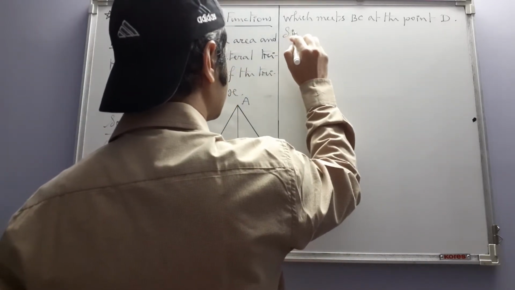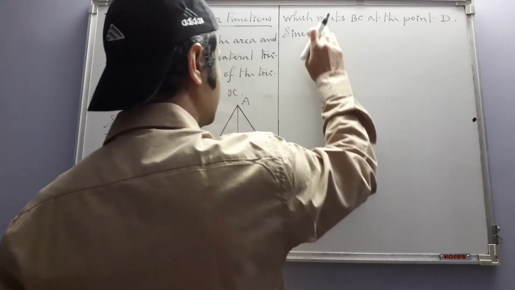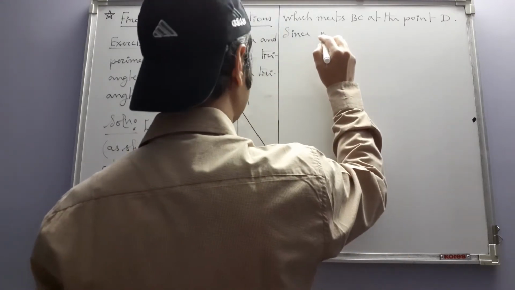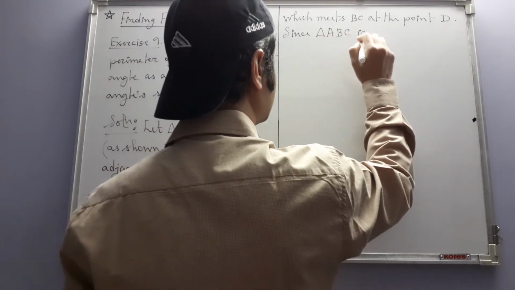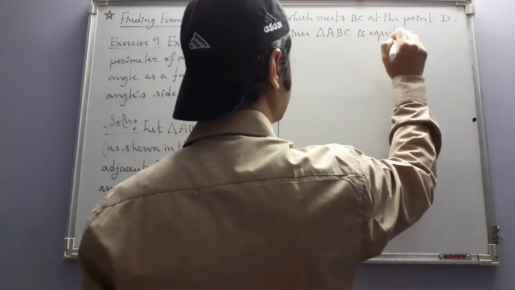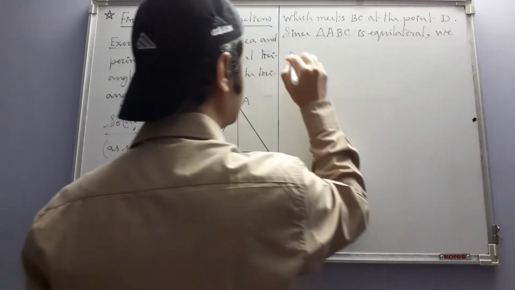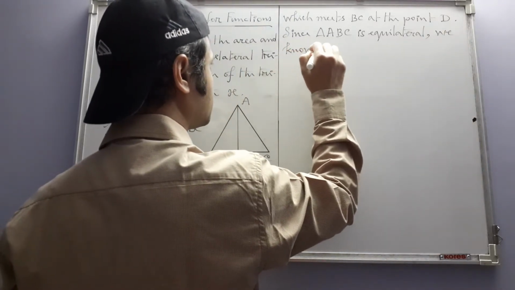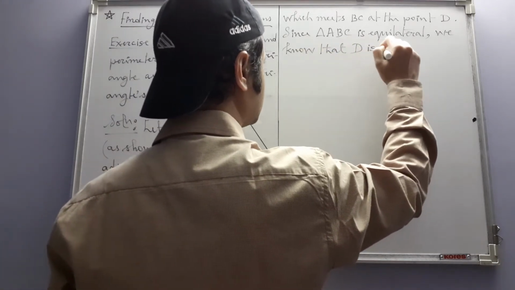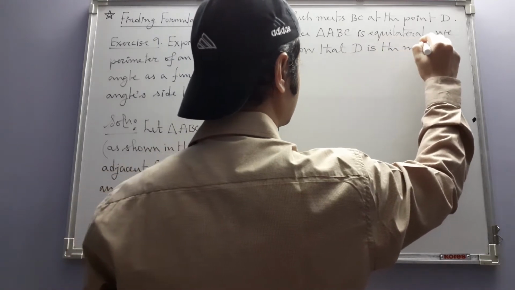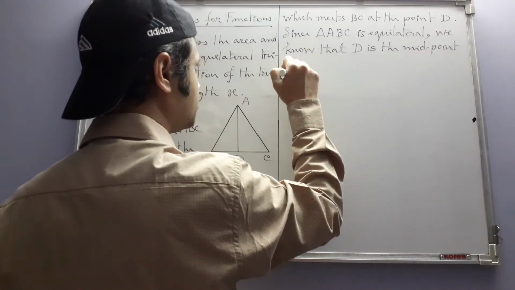Since the triangle is equilateral, D is the midpoint of BC.